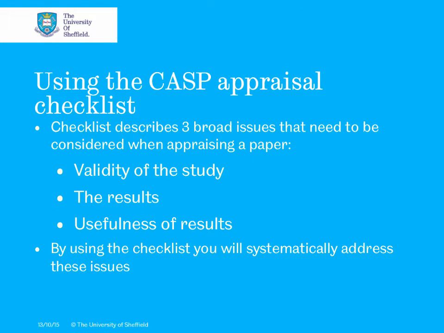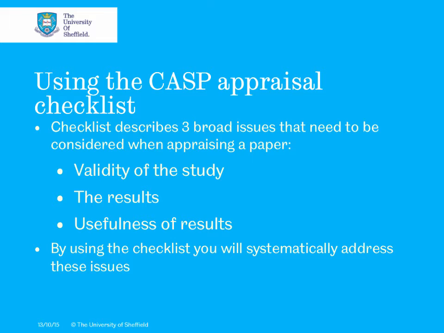So I'd now like to just describe the CASP appraisal checklist in more detail, and we're going to use the checklist for a randomised control trial as an example. Generally the CASP checklists contain a few starter questions, and they allow you to look at the validity of the study.